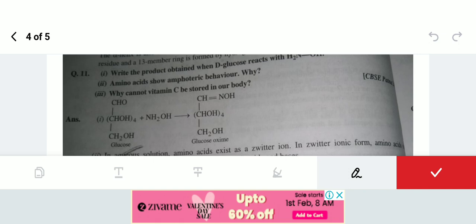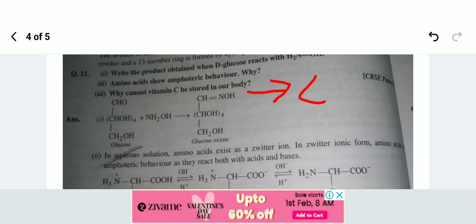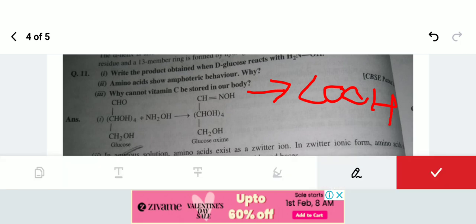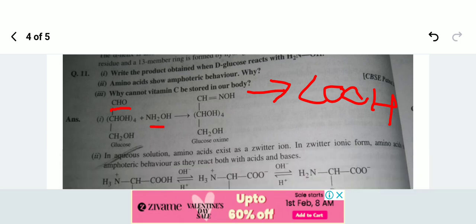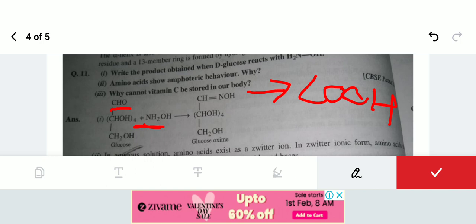So we saw how glucose reacts with bromine. Now, with hydroxylamine, everything remains the same, but the CHO group becomes CH=NOH. So you write CHO, CHOH, CH2OH, and here we get CH=NOH.